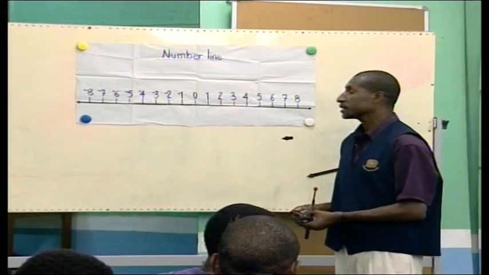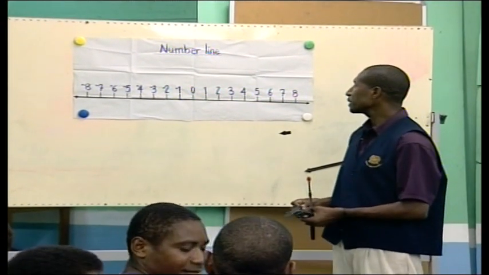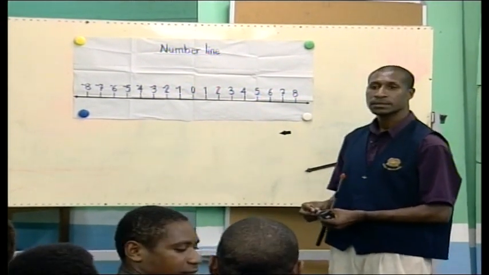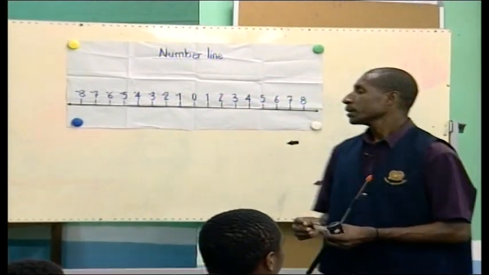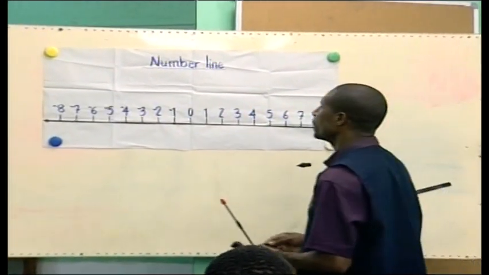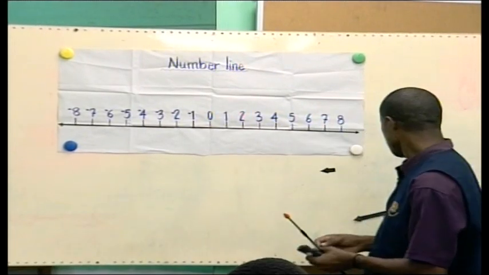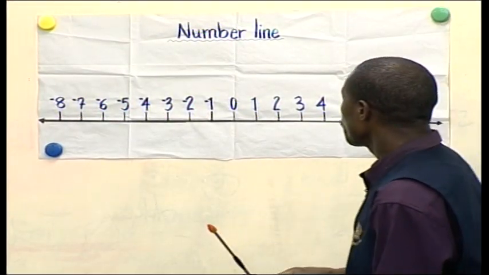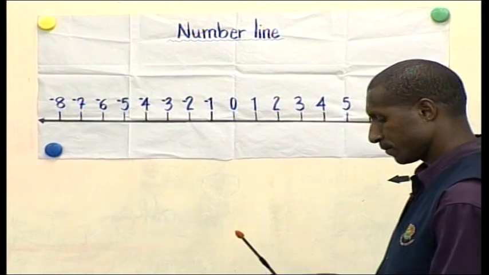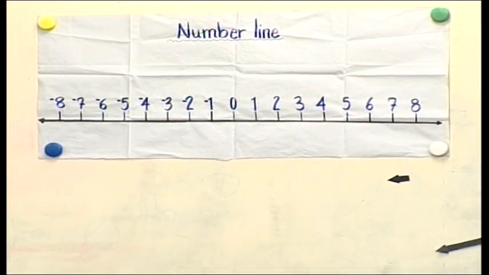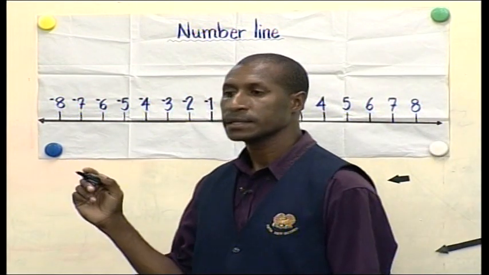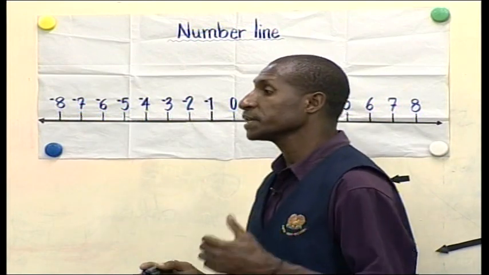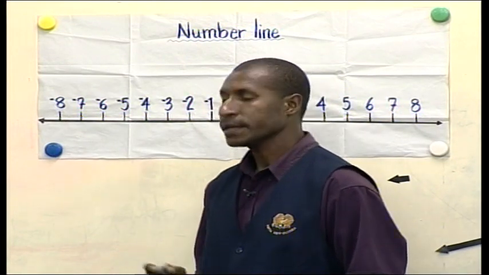Receiving students and Sevenis, what is the first integer? The first integer is -4. So, we move how many places? 4 places to the left or right? Left. Why left? Because it is a negative number.